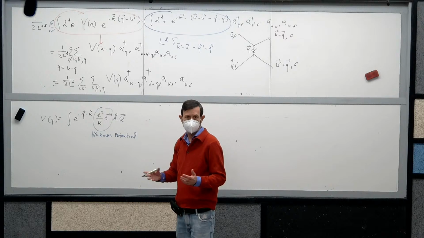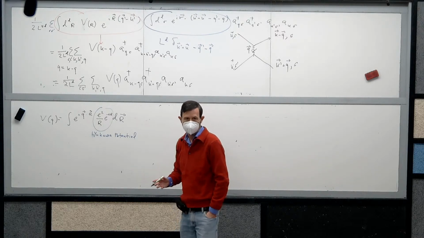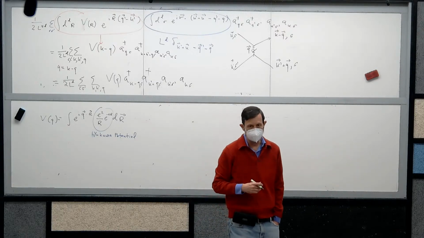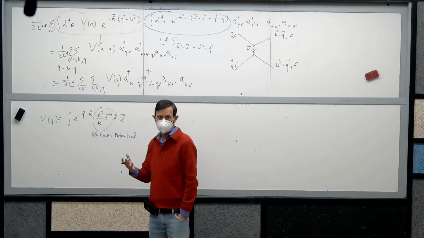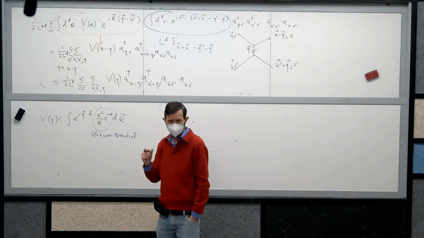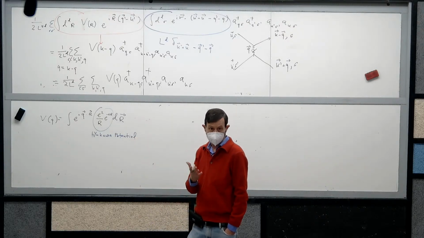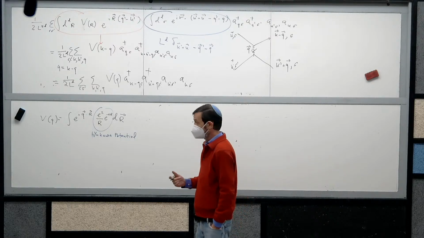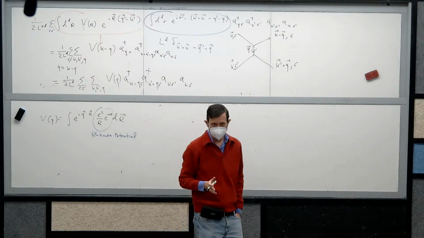Fine. For other types of interactions that exist in nuclear physics, like the meson exchange, or the weak interactions which have these W and Z exchange particles which have a finite mass, this will depend on mass and it's short range.